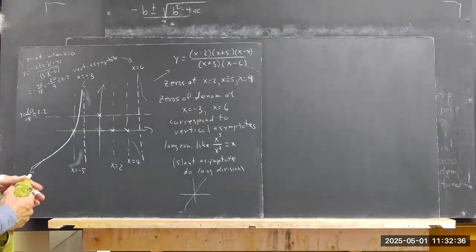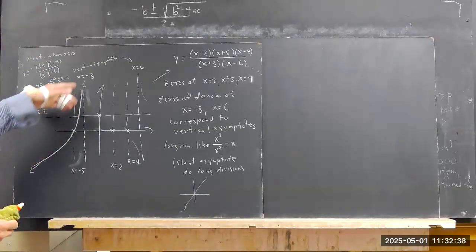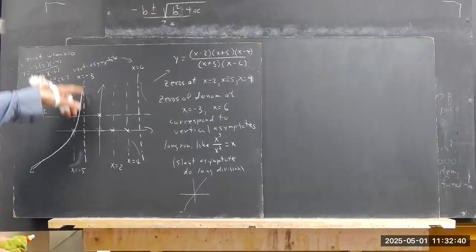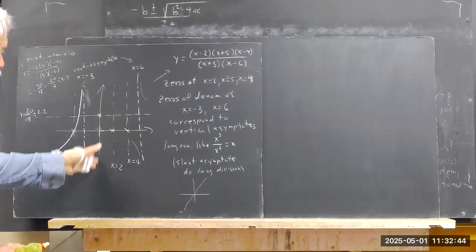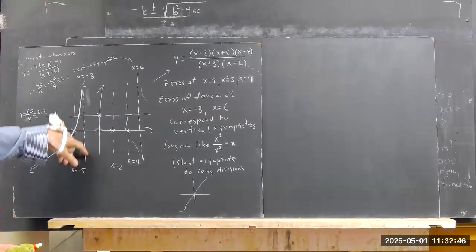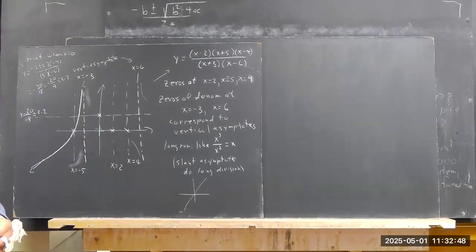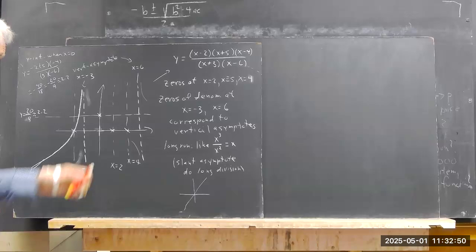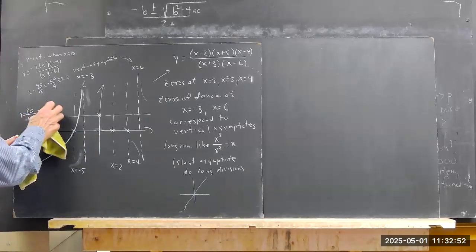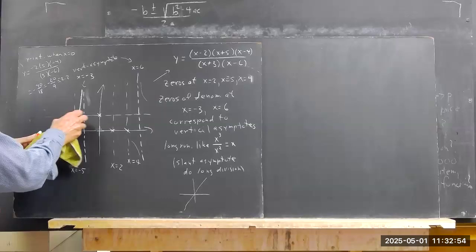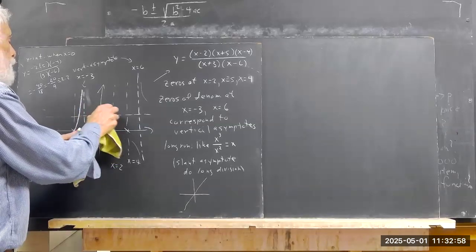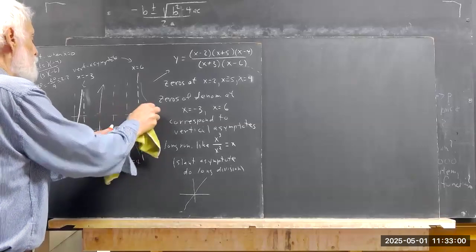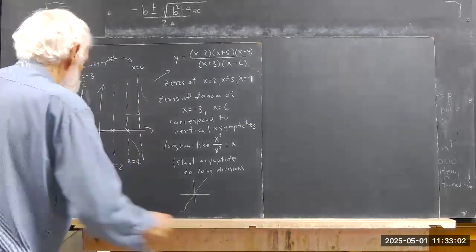You see that this isn't making any sense because this has to be like a reciprocal function, which means it has to come up from here. It can't come up from here and go through this point, can it? Because there's no zero. Get rid of that line.